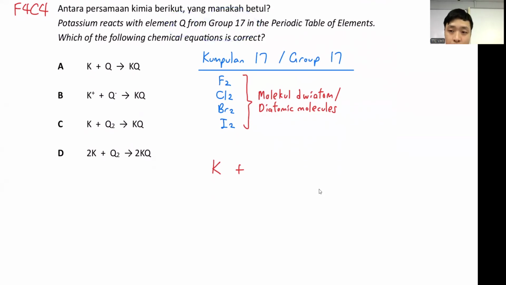Now there's something some people always forget. Group 17, just now, halogen, is diatomic molecules. Normally, you write the formula F2, Cl2. It means you got two Cl together, not single, always double. So F2, Cl2, Br2, I2. Same thing for Q2.